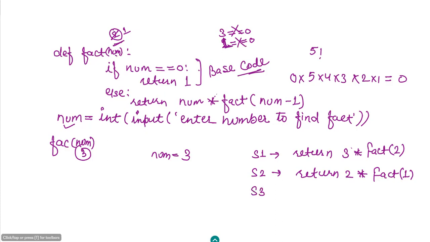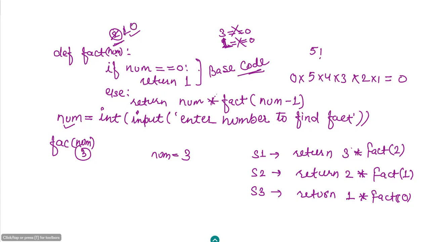So here you will get return, number is 1, 1 multiplied by fact(1 minus 1), which will become 0. Now you will send 0 as your argument, which will be received into this parameter, so num is equal to 0.